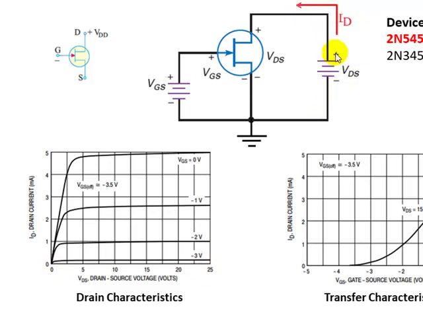As VDS increases, keeping VGS constant, ID will also increase to a certain extent, and after a point ID becomes constant. Even if you increase VDS, ID will not increase.